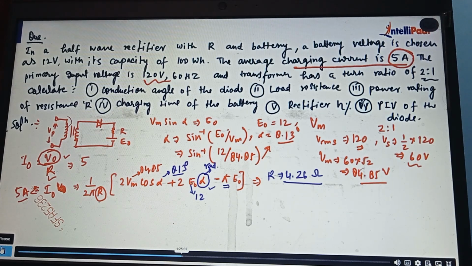Now let's go to the third one, power rating. Power rating of resistance. What is the value of the R value? R I have written here, 4.26.